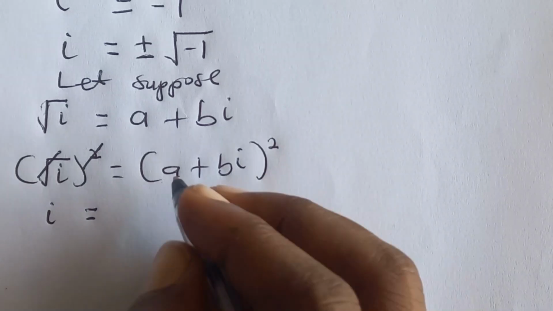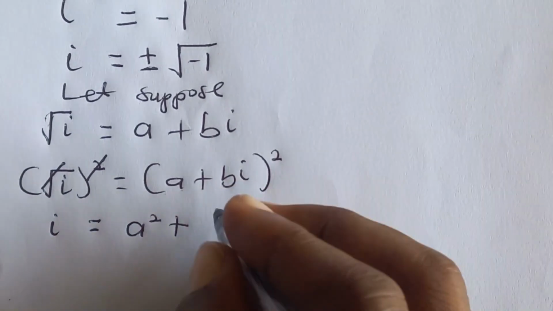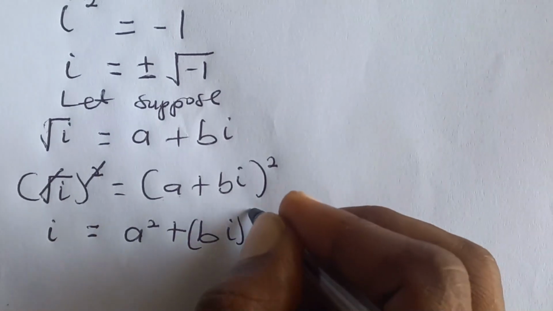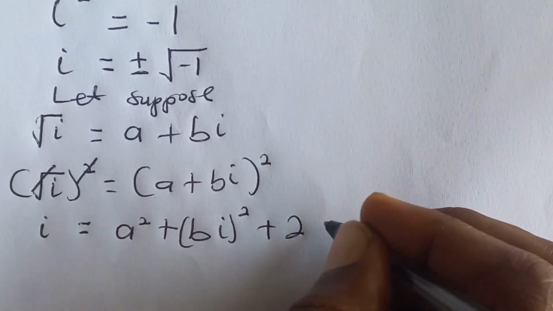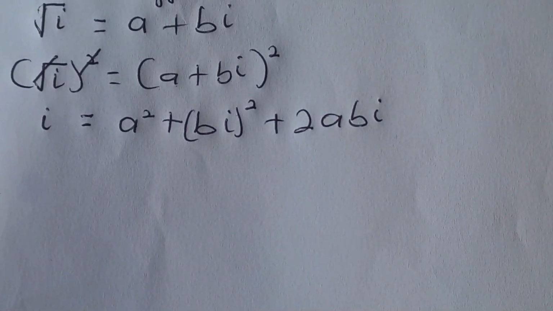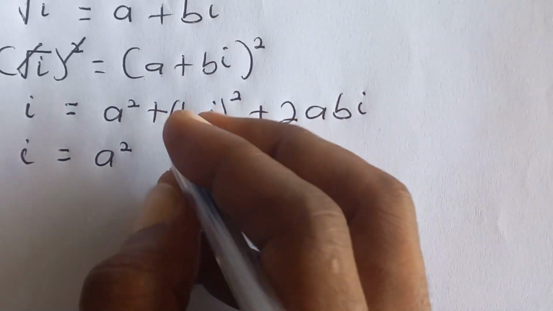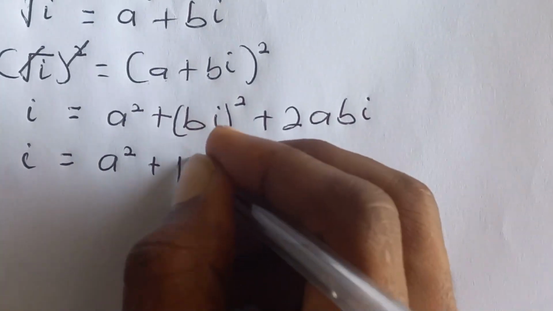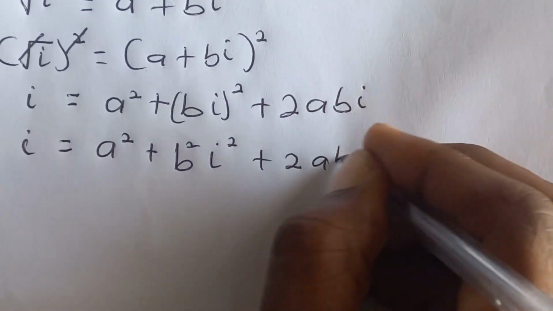Now (a plus bi) squared is the same as a squared plus (bi) squared plus 2abi. We can also say that i is equal to a squared plus b squared times i squared plus 2abi.